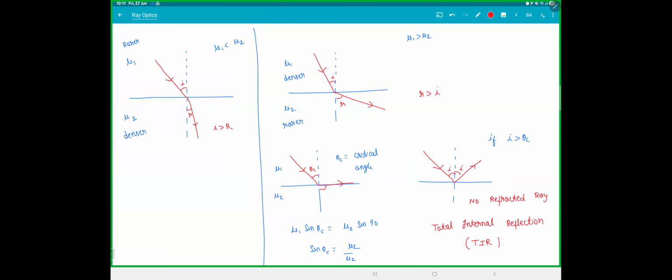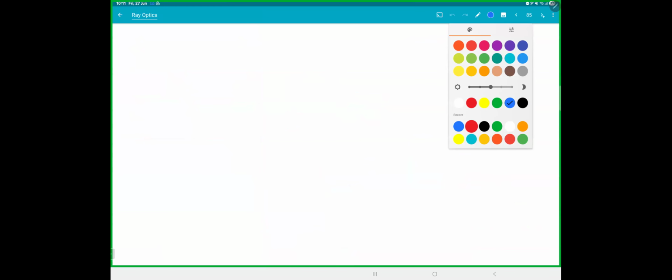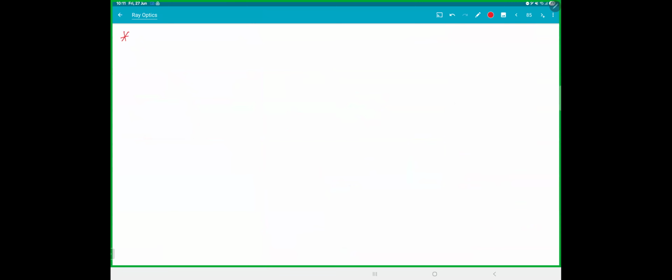Now there is one more thing here. When you say denser and rarer, again, this is a concept from waves. How do you know a medium is denser or rarer? Remember, denser has nothing to do with your density rho. It's not your mass density. A medium is said to be optically denser if the speed of the wave is less.